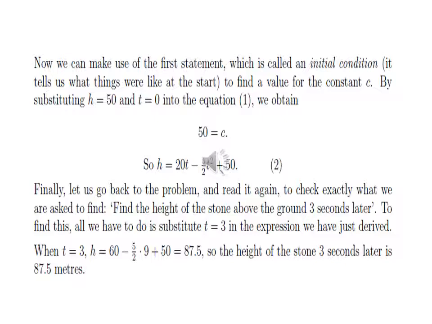When t equals 3, h equals 60 minus 5/2 times 9 plus 50, which equals 87.5. So the height of the stone 3 seconds later is 87.5 meters.